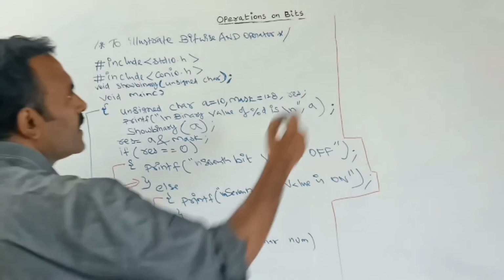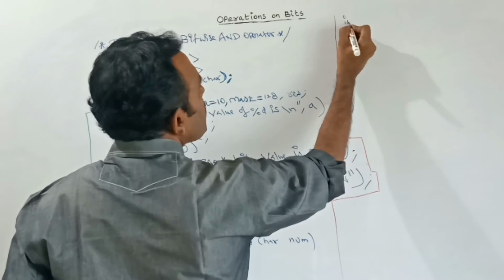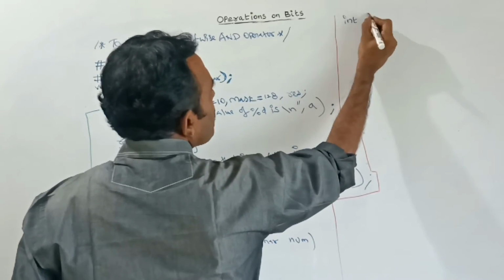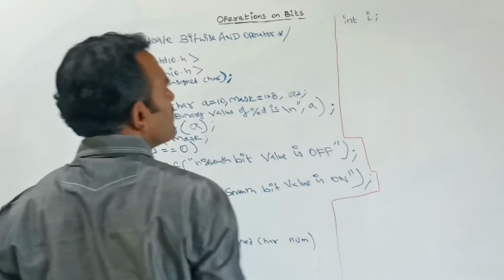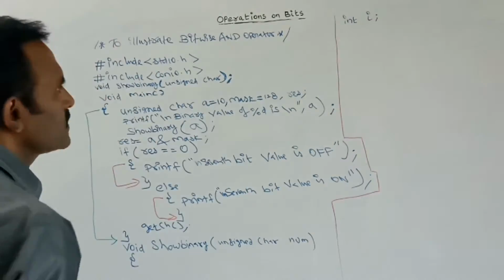Next, here I am declaring the variable i. What type of variable is this i? That is integer data type.